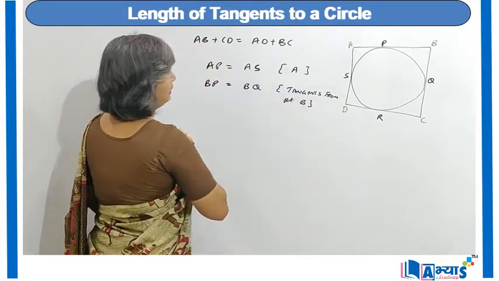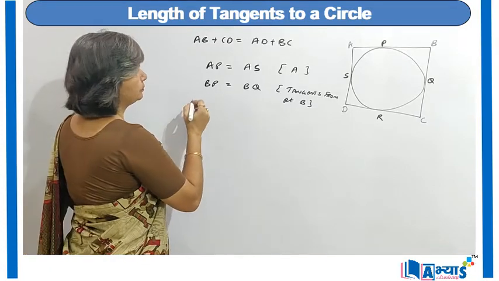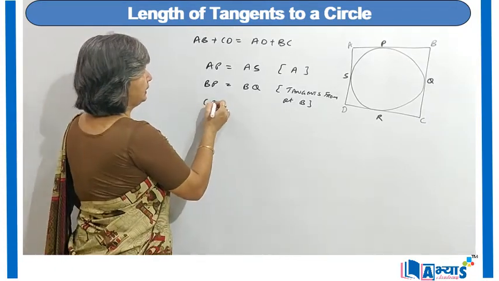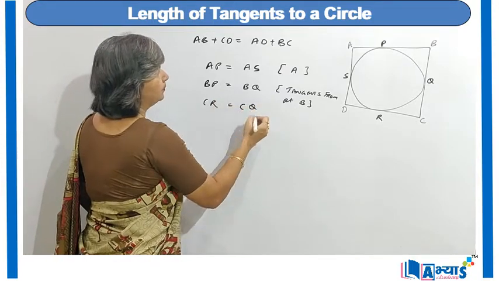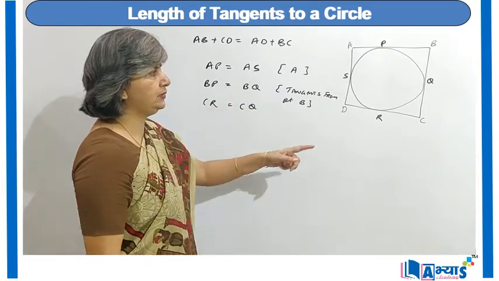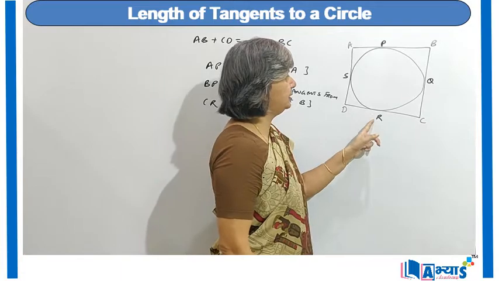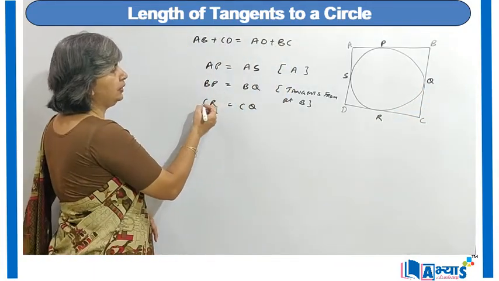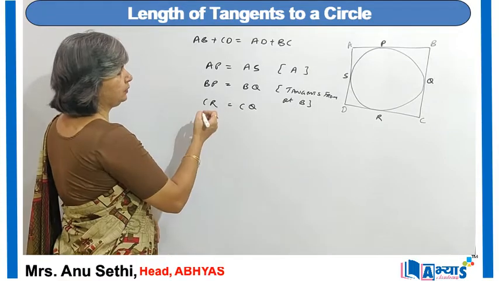Similarly, from point C we have two tangents, CR and CQ, and the lengths of the two tangents are equal, so CR is equal to CQ.